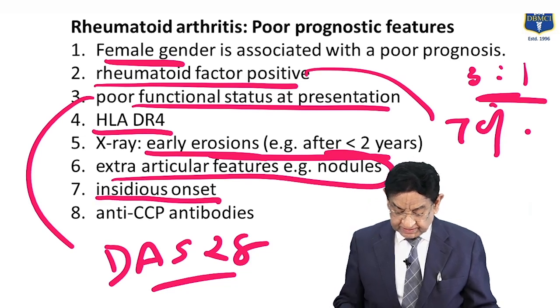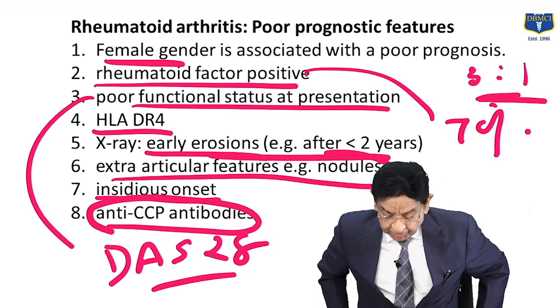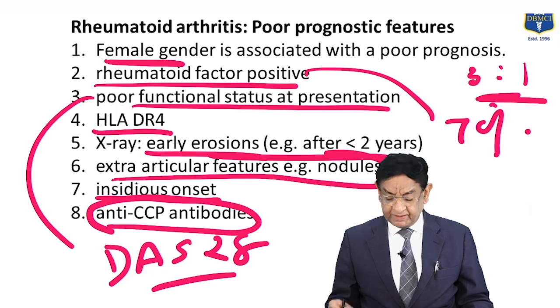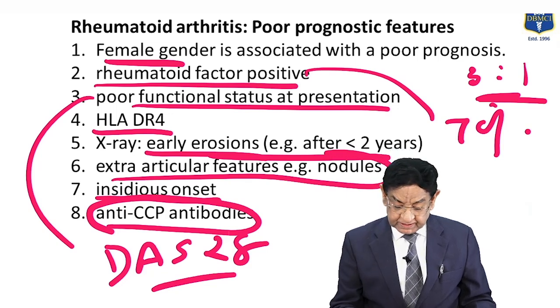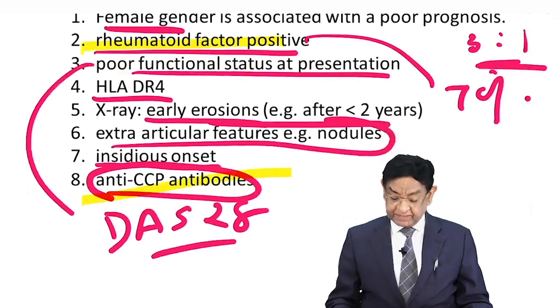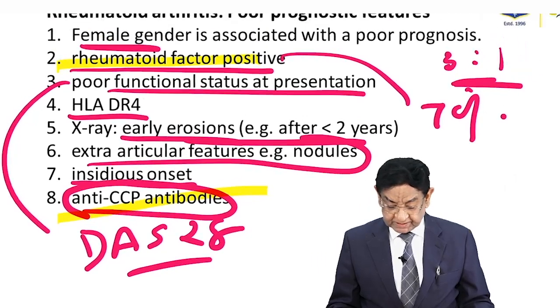Insidious onset and anti-CCP antibodies, a point to be noted. In fact, if you forget all the others and look at these two antibodies, rheumatoid factor or anti-CCP antibody, if they are present, they indicate a poor prognosis.